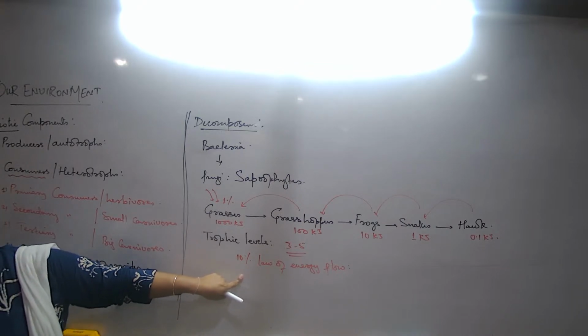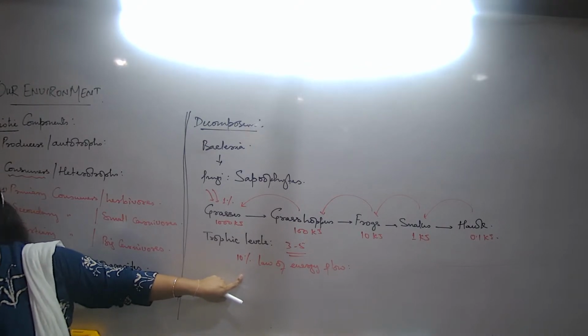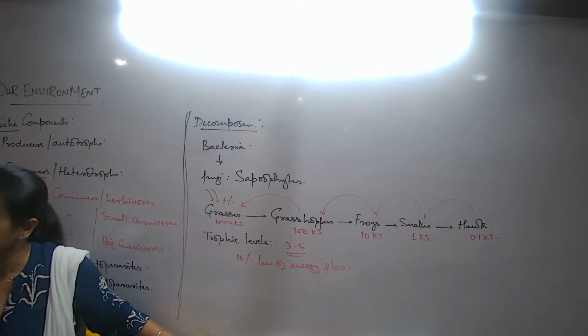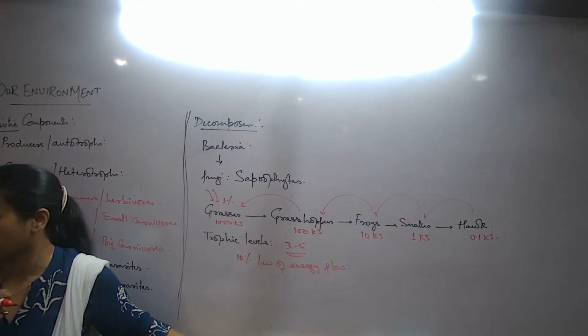Ma'am, you are telling that if it gives 80 to 90% of the energy, the organism will not have energy for metabolism. So which organism is dead here? If the grasshopper is eaten by the frog, the organism is eaten, but it still has organic matter in it.